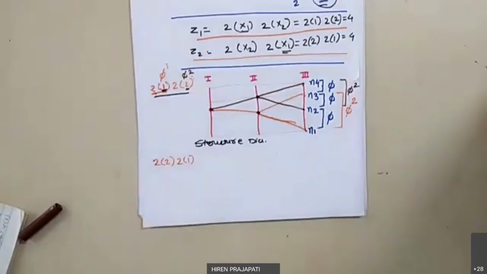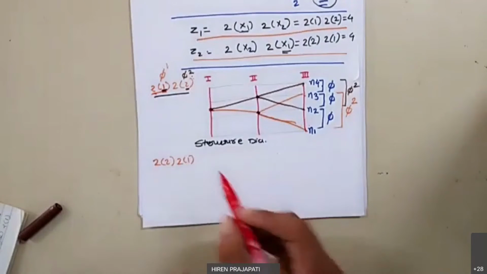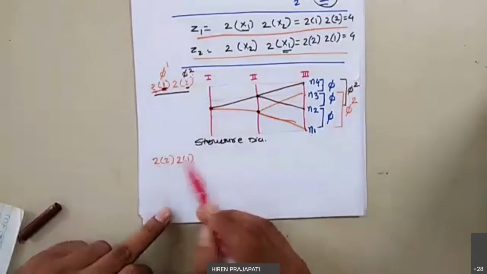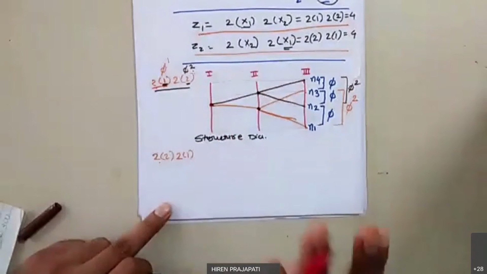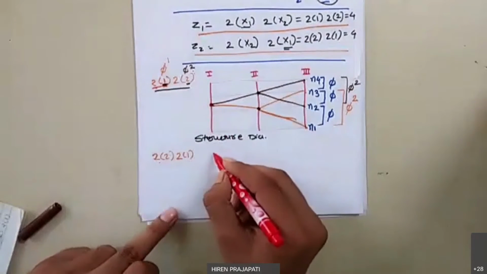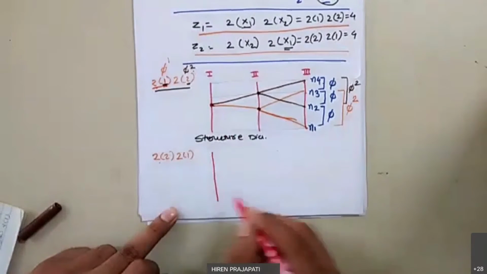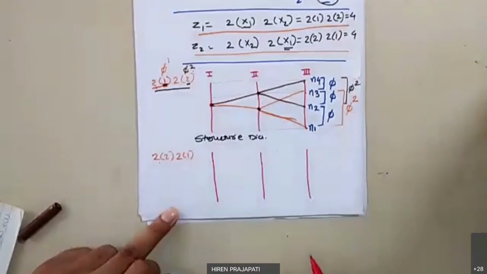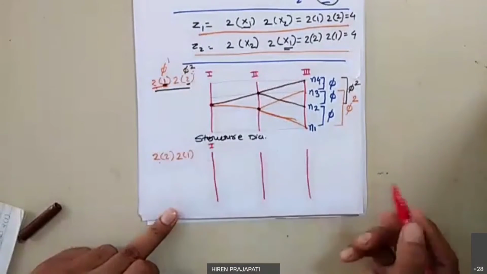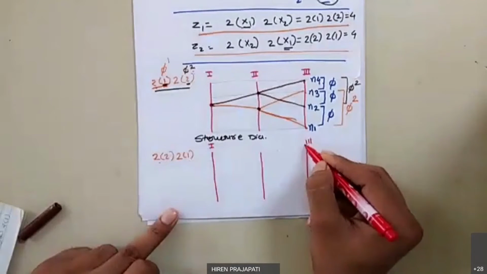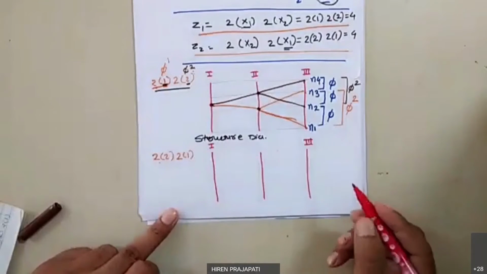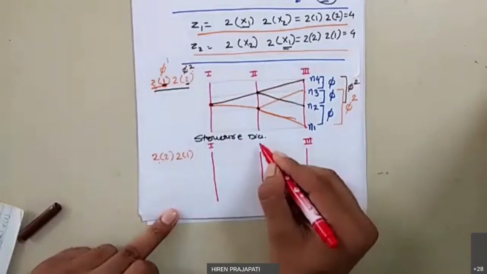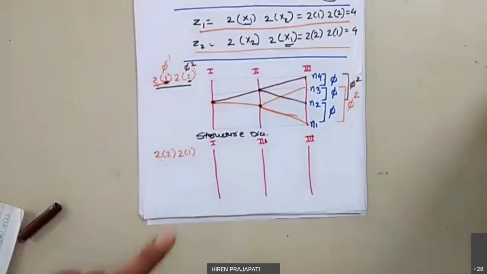Again, as two stages are required to go for 4 speeds, I need to draw 3 vertical lines, one more than the number of stages. Again, the first line is the input shaft, the last line indicates the output shaft, which is connected to the spindle, and this is our intermediate shaft, shaft number 2, right?